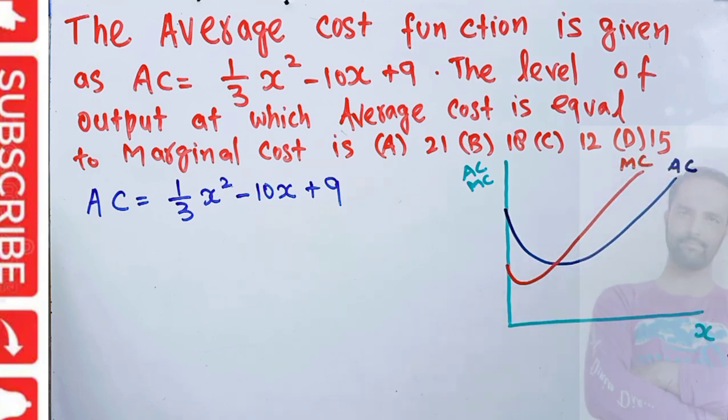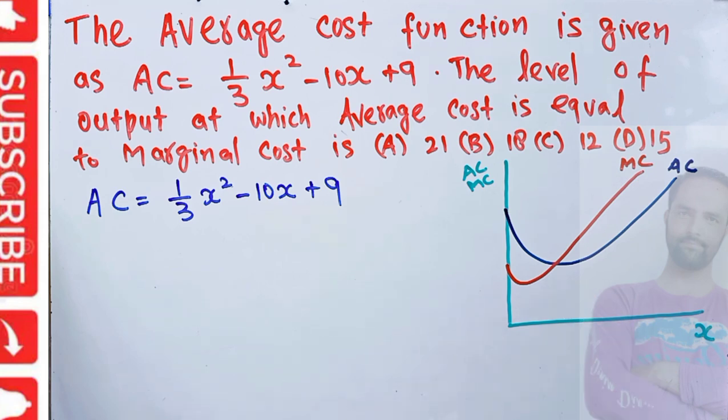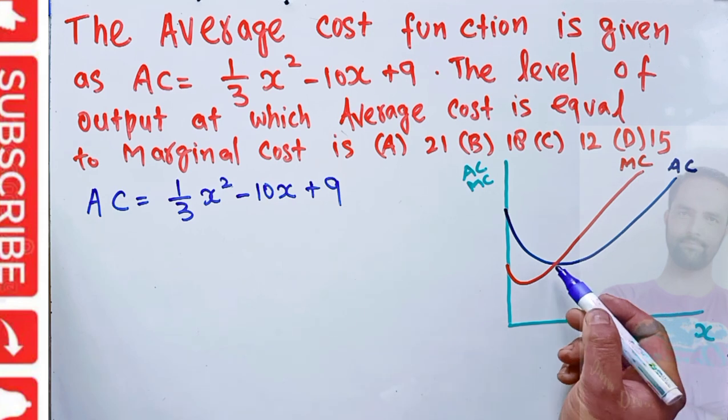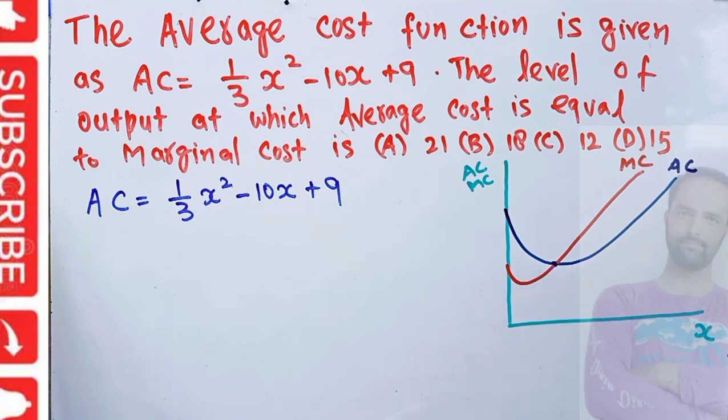We know that a marginal cost curve cuts the average cost curve at its minimum. So the marginal cost function cuts the average cost function at its minimum. I'm just giving you the first way of solving this question.